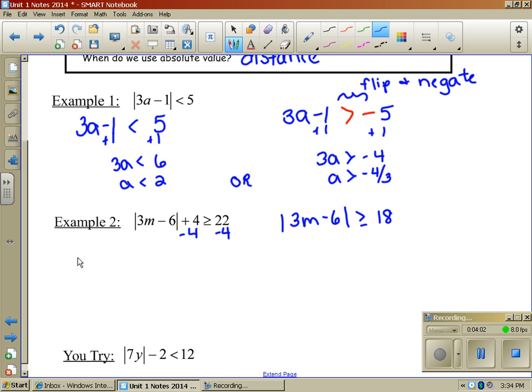3m minus 6 is greater than or equal to 18. The second equation, 3m minus 6, flip to less than or equal to, and negate to -18. Do some algebra. Add 6.